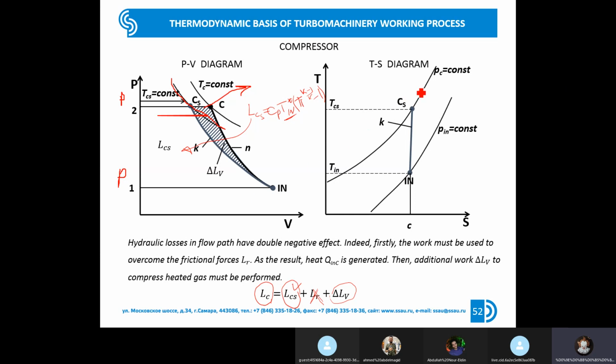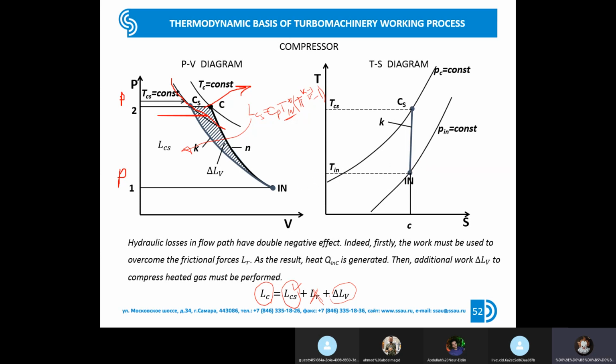So in the TS diagram, an isobaric line looks like this picture, approximately. Of course, it's not a very accurate picture. It's only for understanding the principle.